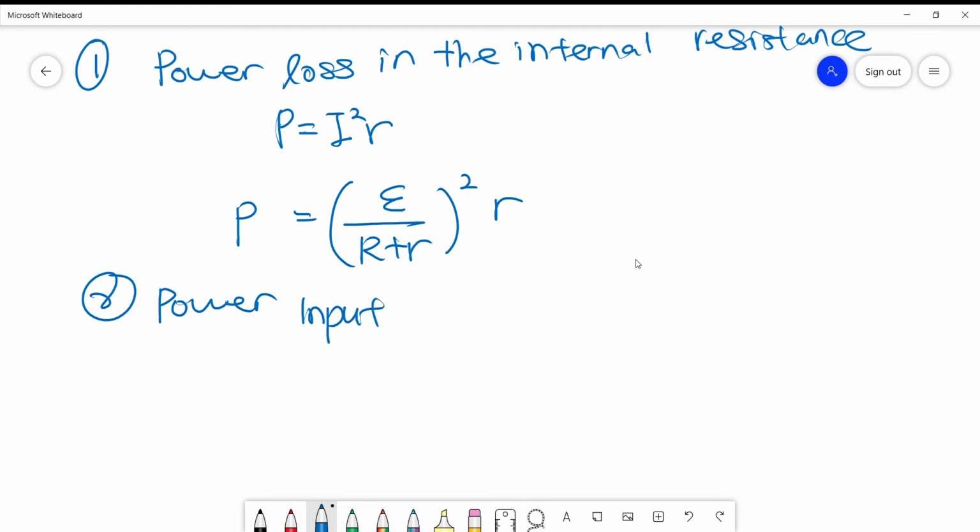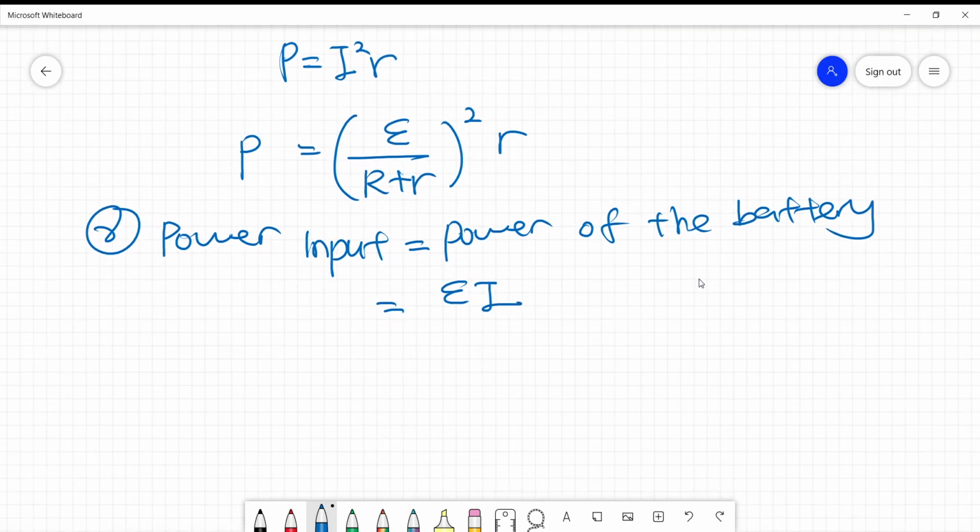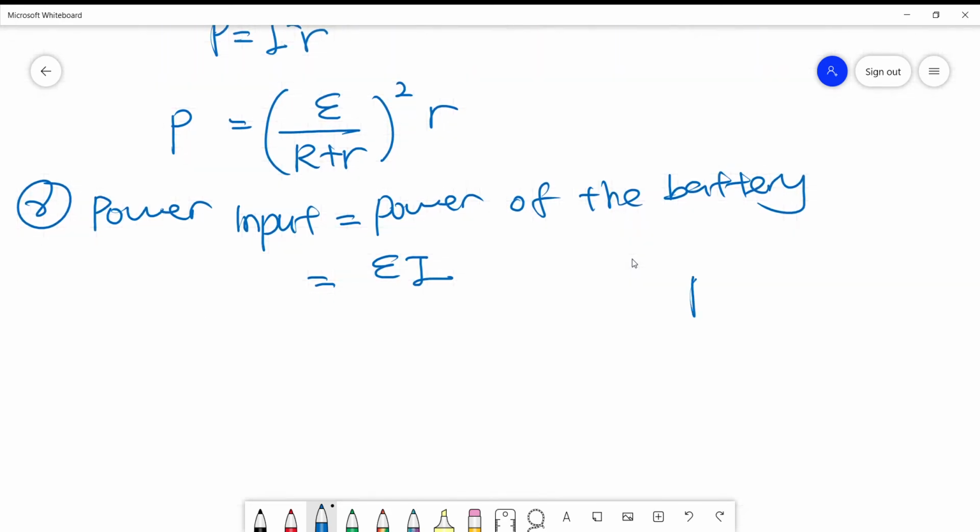Of course, the power comes from the battery. So the power of the battery is equal to EI. Normally we write it as VI, power equals VI, where V is the total potential difference across the circuit.